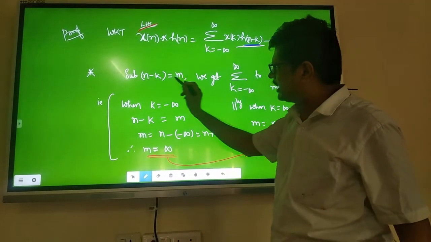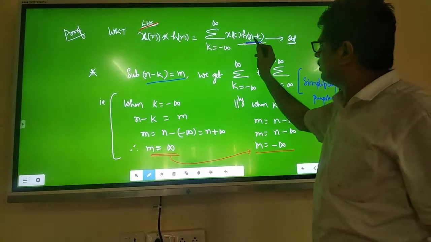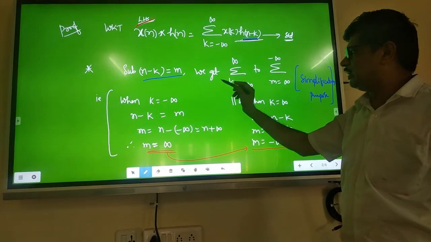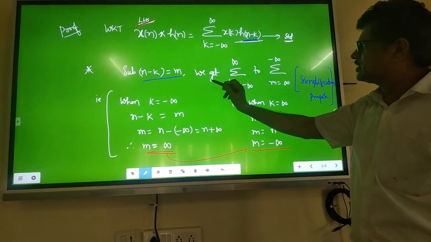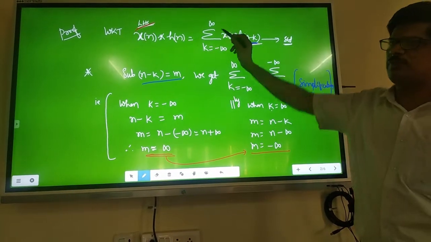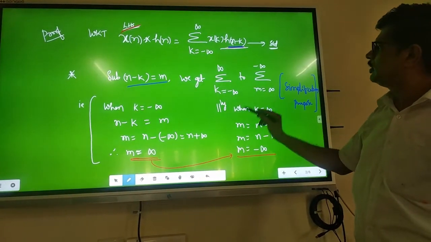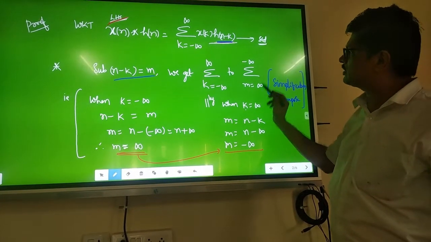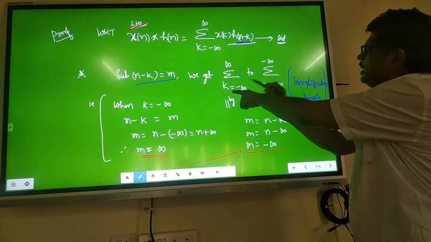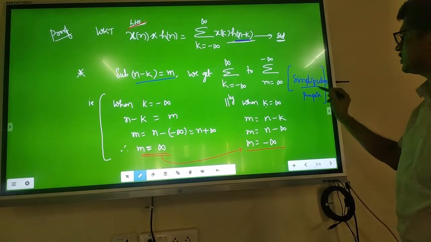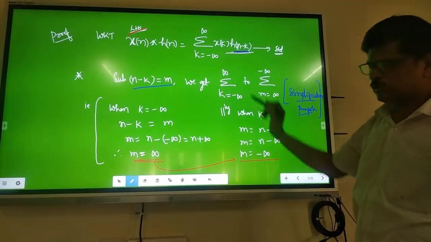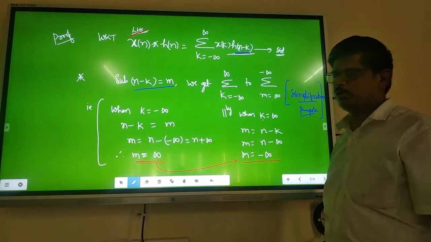Substitute n minus k as m. By doing that, we change the summation from k to m, just for simplification purposes. In the end we will substitute k again after getting the output.